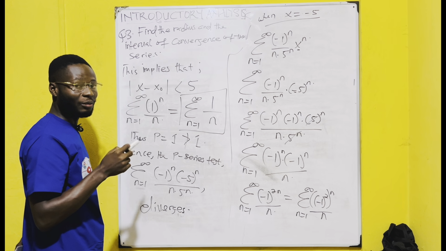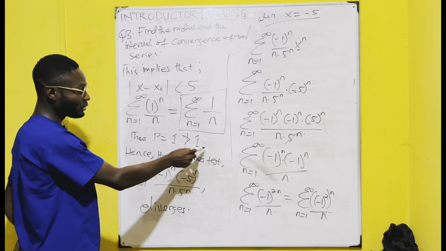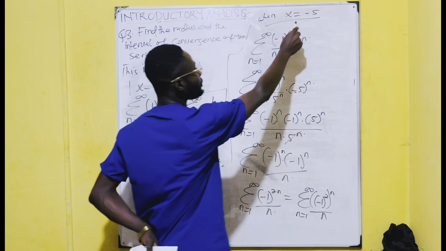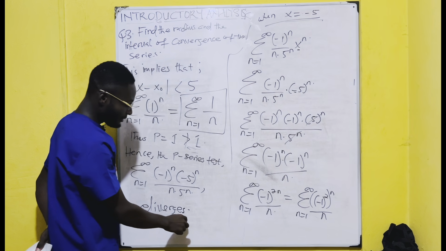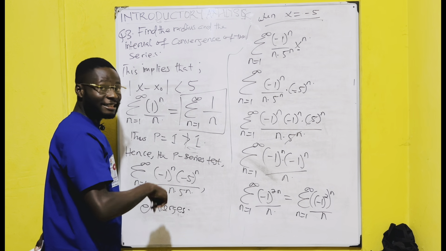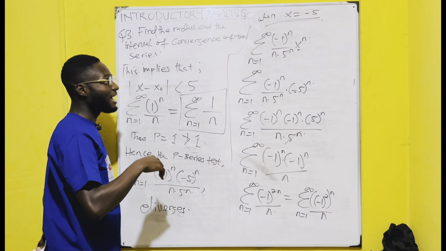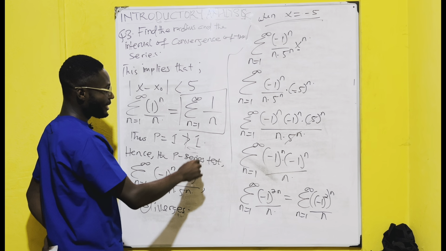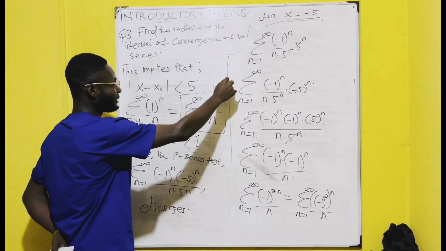But if it is greater than 1, then it diverges. So that is what we are having here. So when x is equal to -5, it is divergent, right? It is diverging from the series.